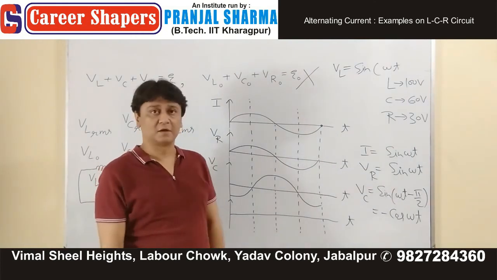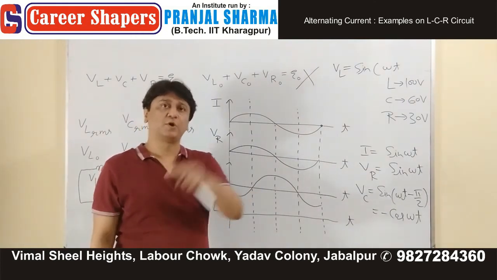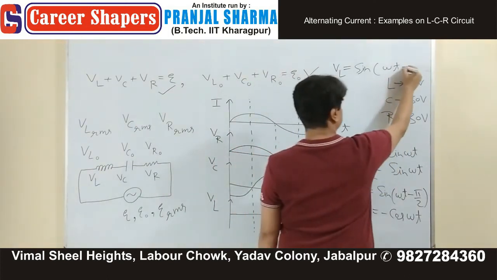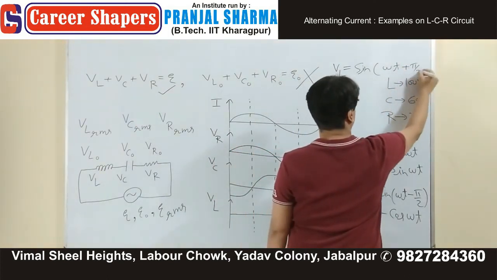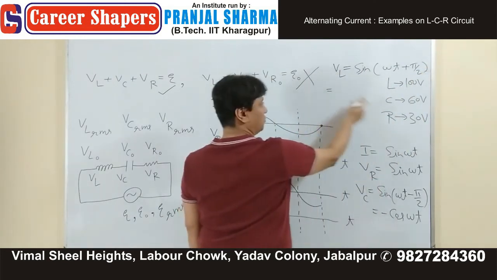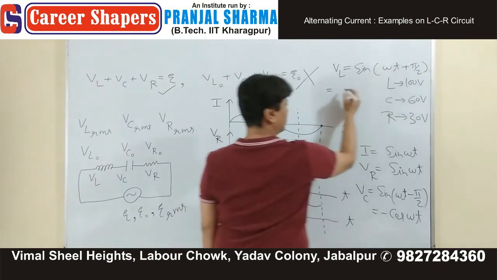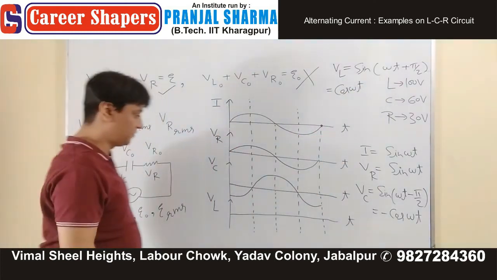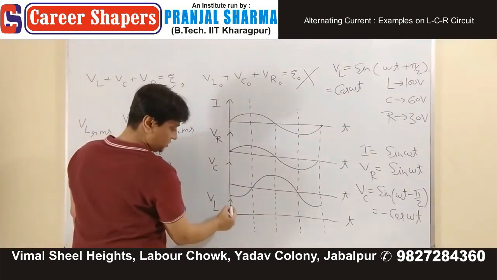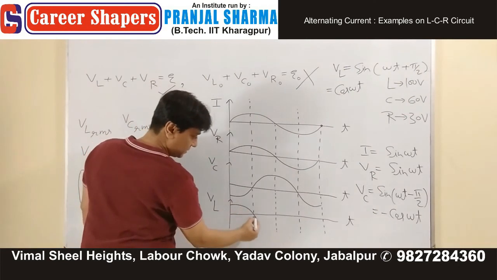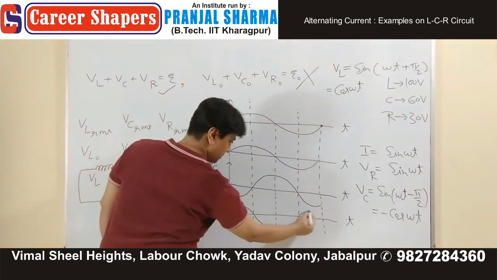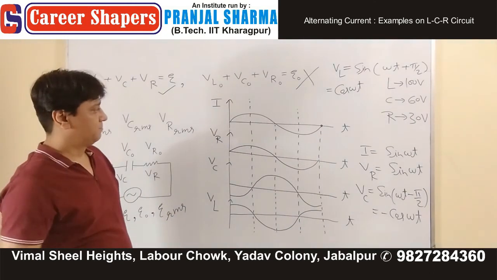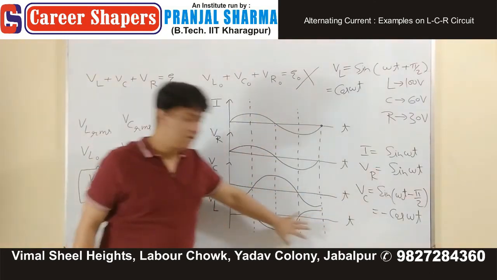You remember that. Current lags behind means potential difference leads, plus pi by 2. What is sine of 90 plus theta? Cos. And how do you plot a graph of cos? Graph of cos is plotted this way. It's a very important graph for you.